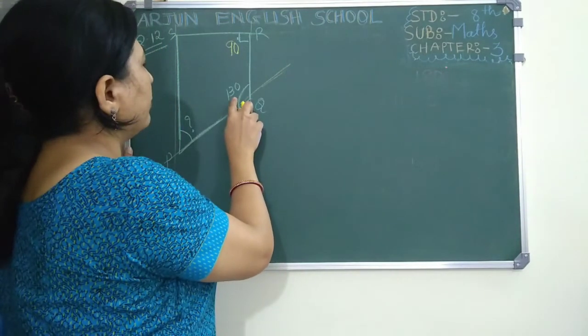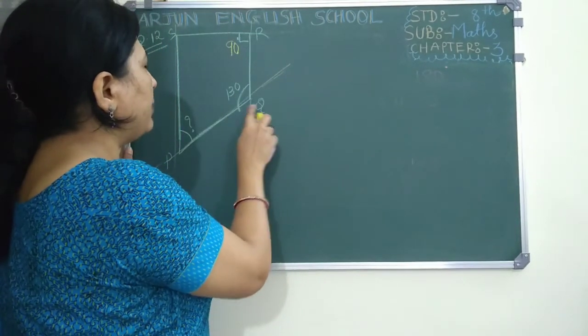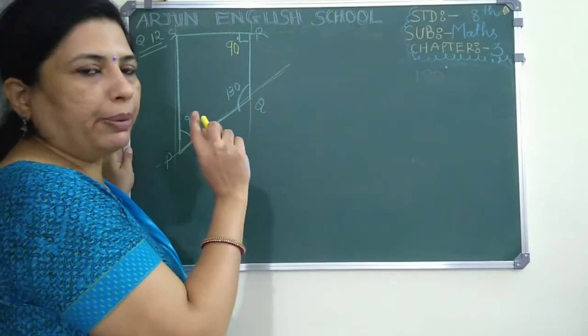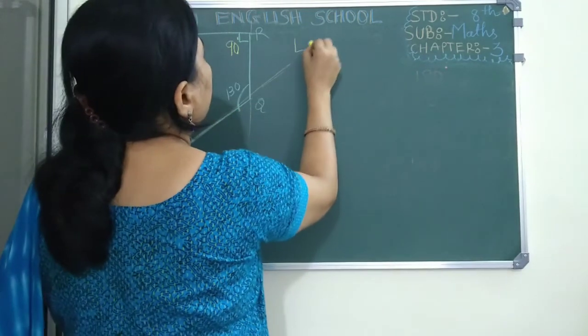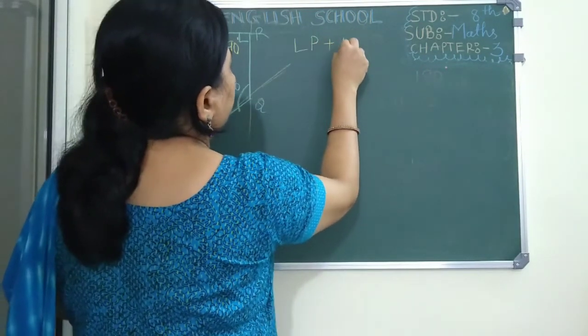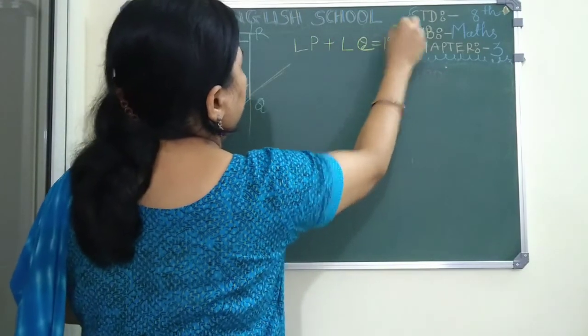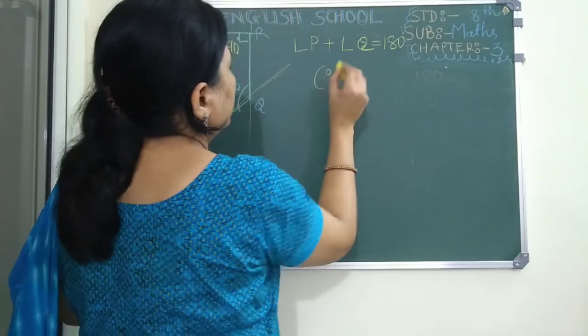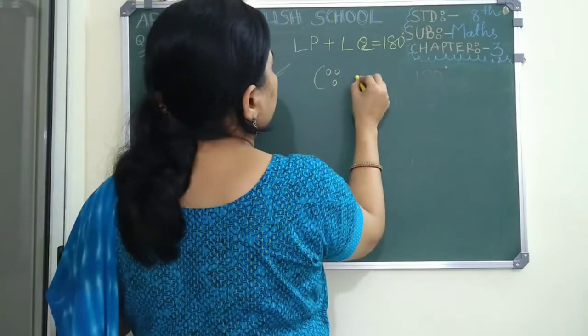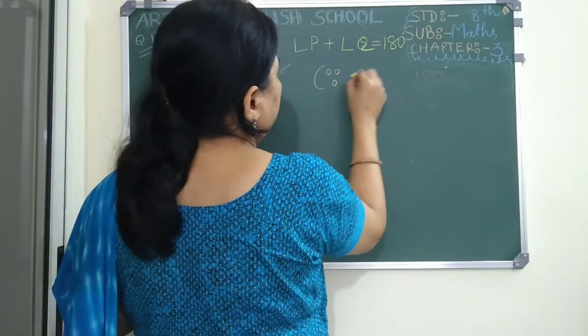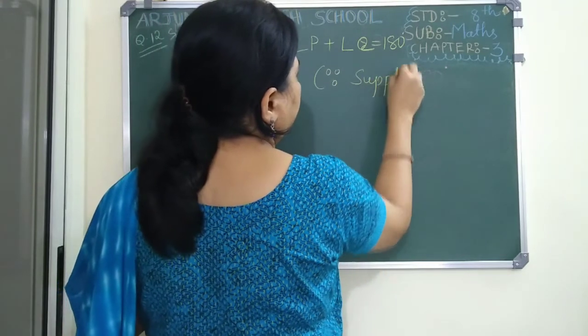Therefore, we can say that angle P and angle Q are supplementary angles. Therefore, we will write angle P plus angle Q is equal to 180. In brackets, write down supplementary angles.